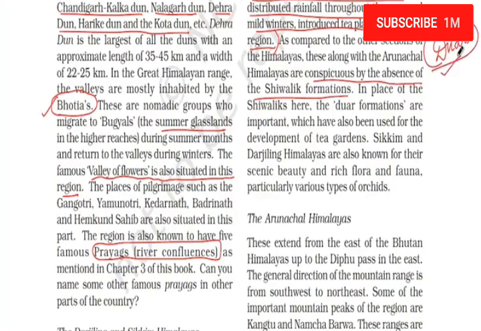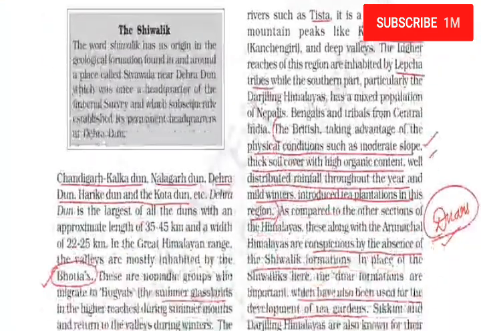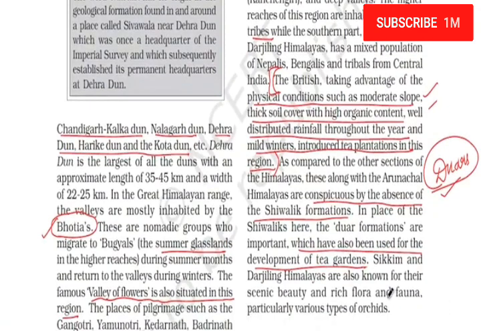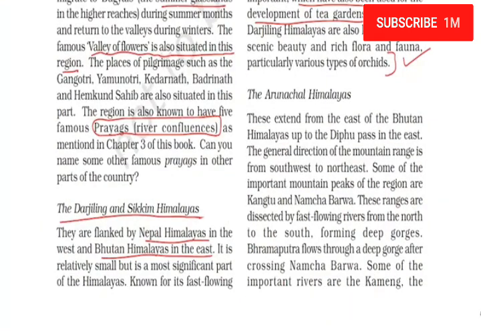It is in this region that tea plantations are usually seen, and they have been used for the development of tea gardens. Sikkim and Darjeeling Himalayas are also known for their scenic beauty. UPSC asked for 100 words from here till here. If you knew this along with the map, if you could present it, you would have scored very good marks at that time, right guys? So for every line, any question that has a reason is very, very important for you.